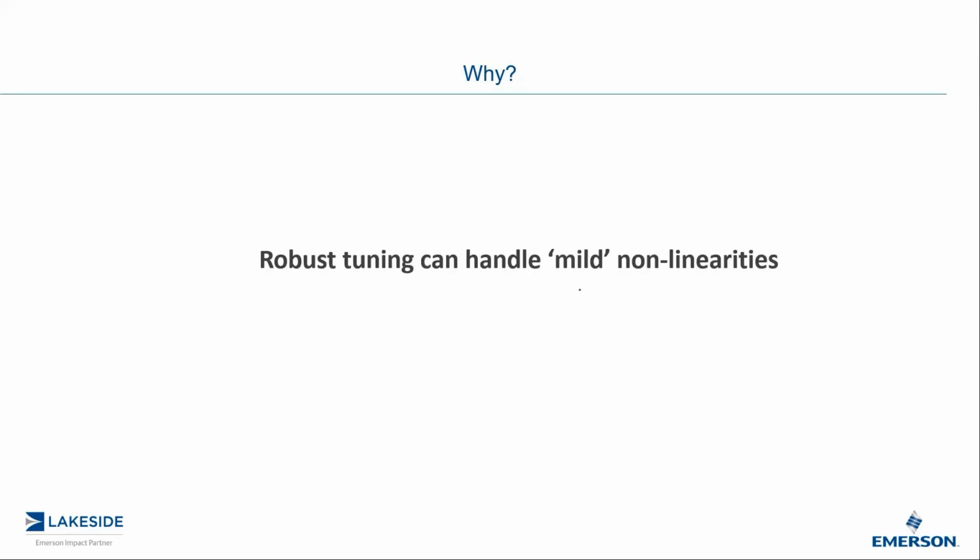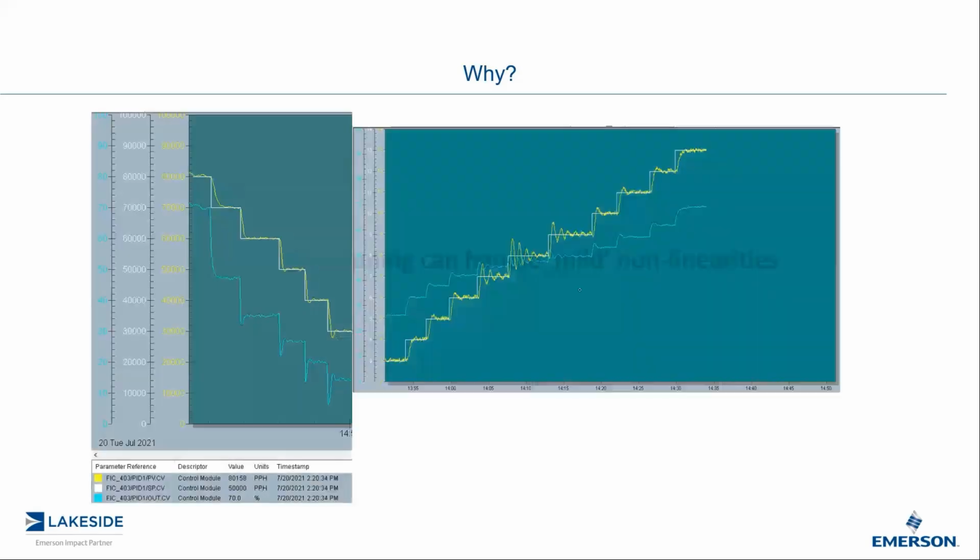But there are cases, as we just saw, where the process is highly nonlinear, and then we need to implement a different strategy. And why do we do this? Right here, you can see the white line is the set point change. The controller is in automatic mode.